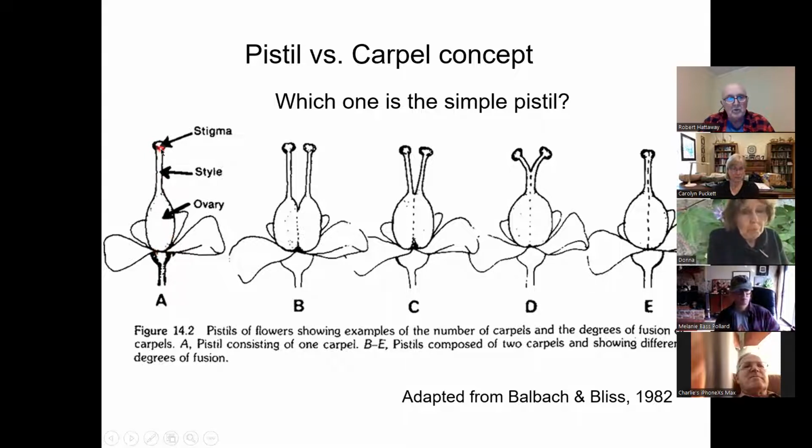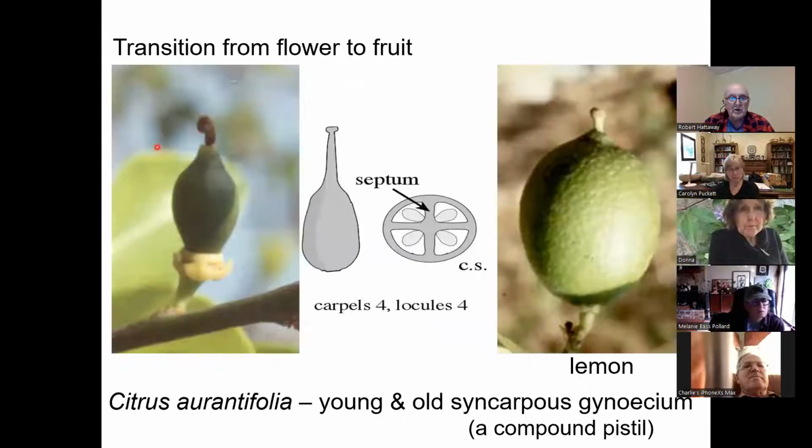Oftentimes there'll be 3 stigmas up here or 3 partitions that you can see that'll help you decide. So what I'm trying to say is, when you look at something from the outside, you don't know that it is simple or compound until you do a section of it to see that it's really 4 cavities or 4 parts. So this bowling pin is made up of 4 fused modified leaves.